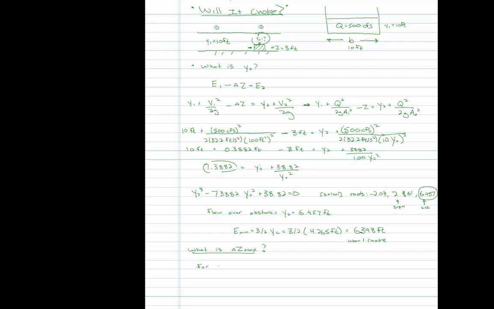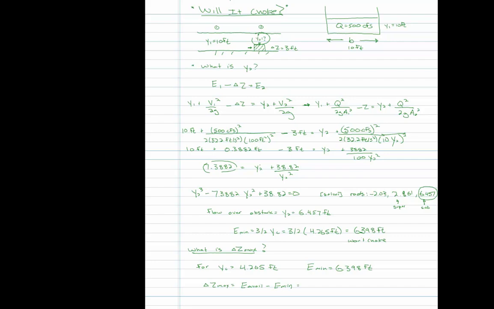And for the critical depth of 4.265 feet and an E minimum of 6.398 feet, then the delta Z max is just the energy that's available minus the minimum energy.